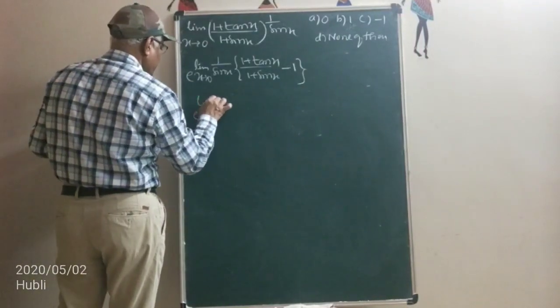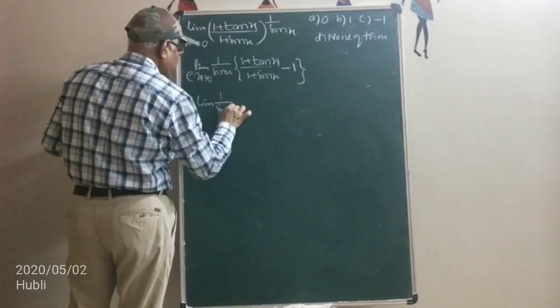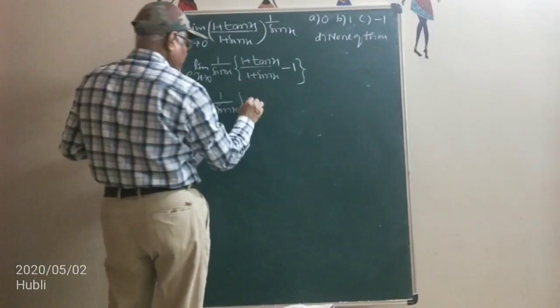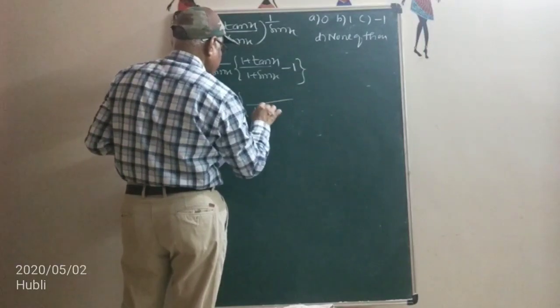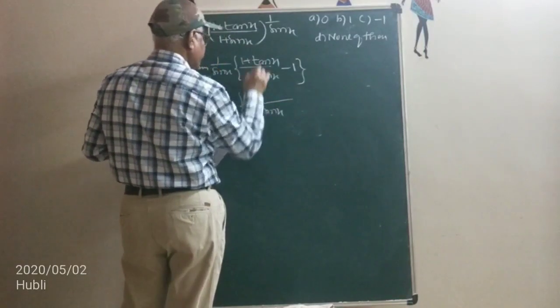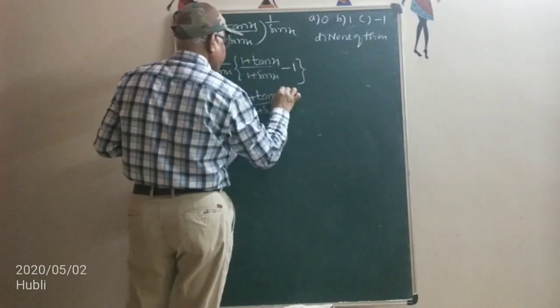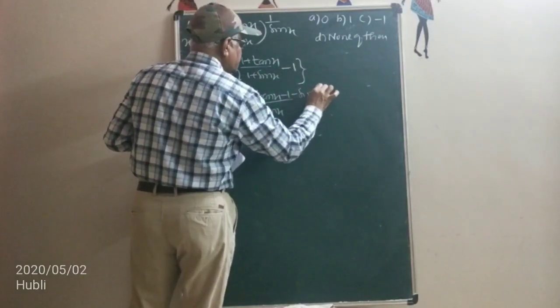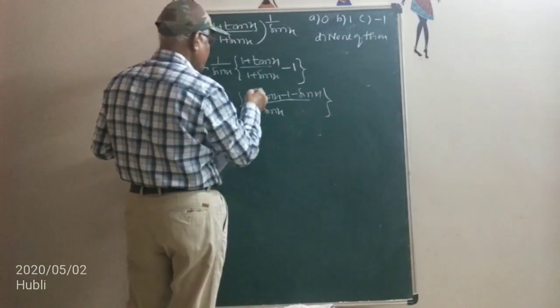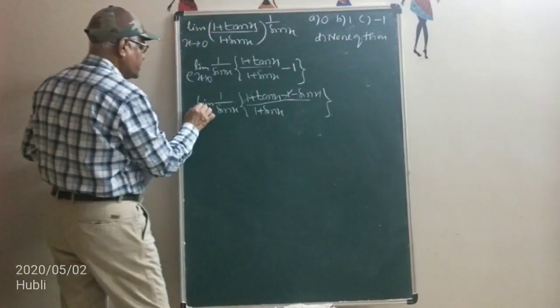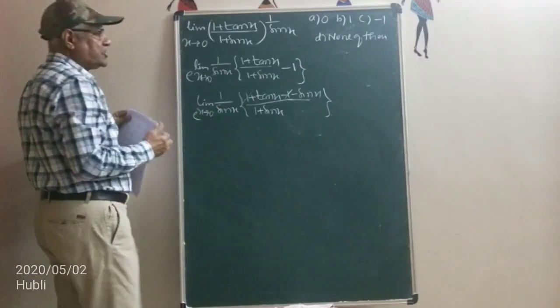E raised to limit of 1 divided by sin x into the bracket. Now if you take LCM, what is LCM here? 1 plus sin x is LCM. So numerator: 1 plus tan x minus 1 minus sin x. Now here plus 1 and minus 1 get cancelled as x tends to 0.